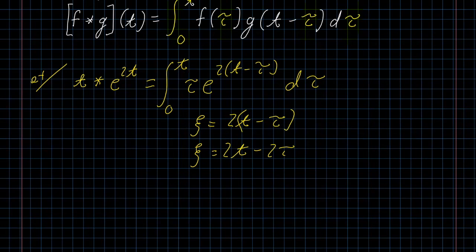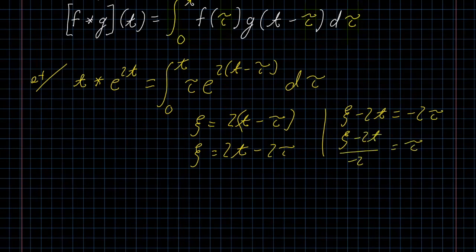So in order to perform this u substitution, one of the things I'm going to need to do is solve for tau, right? 2t minus xi over 2 in this case.